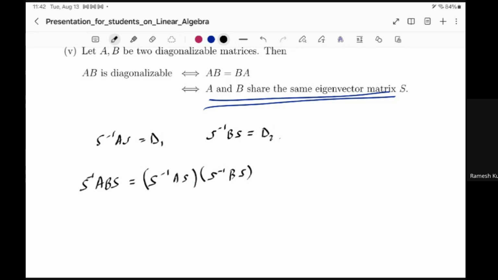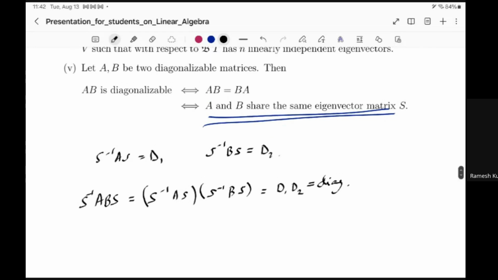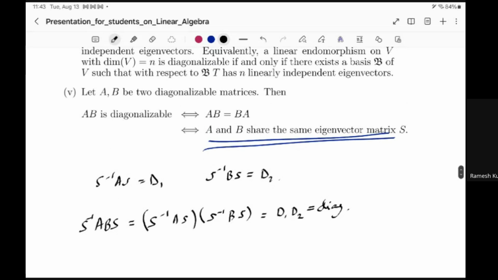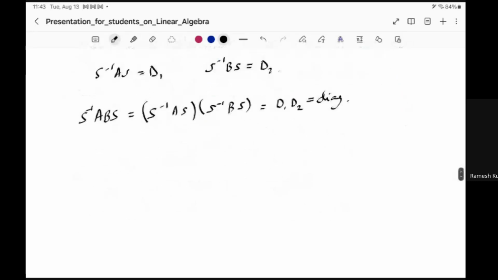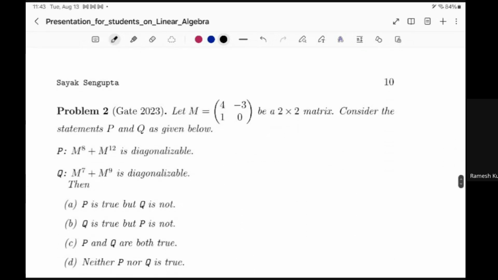And since matrix multiplication is associative, they are really the same. You can rearrange the brackets, and the multiplication would still make sense. And then that is just D1 times D2, which is of course a diagonal matrix. Okay, so that's how it works. These are very important when you are solving problems, to understand if something is diagonalizable or not.